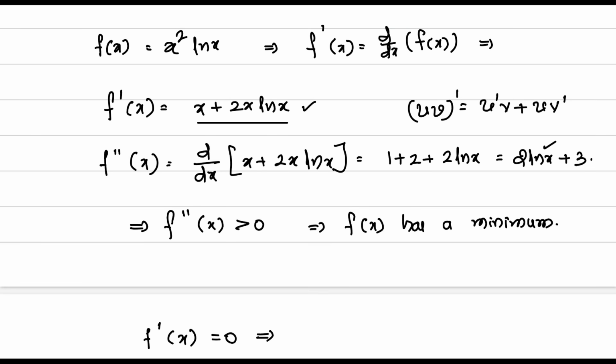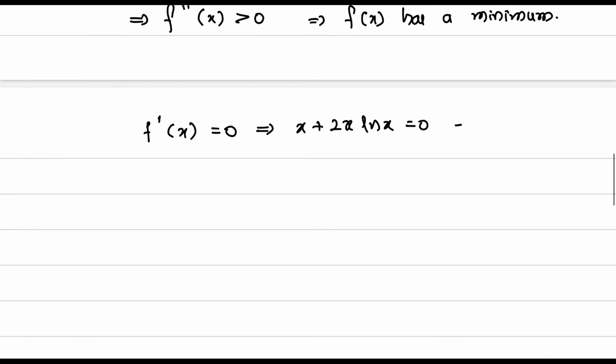That implies x plus 2x ln x is equal to 0. That implies 2x ln x is equal to minus 1, that implies minus 1 into x. x gets cancelled. That implies 2 ln x is equal to minus 1.